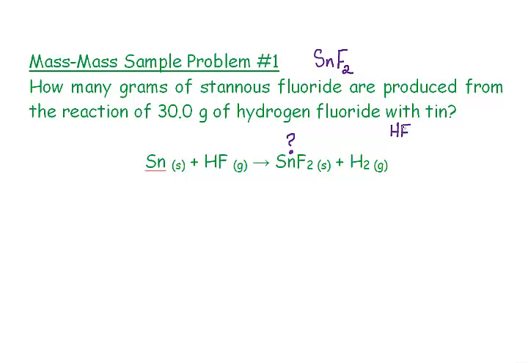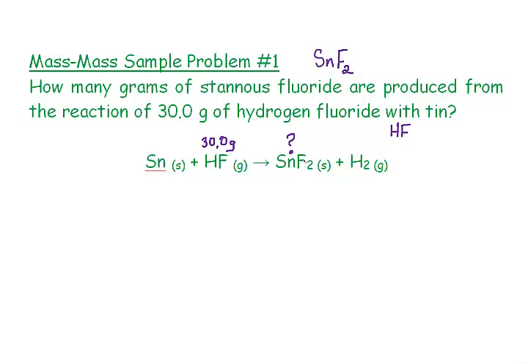So my formula for hydrogen fluoride is HF. Since I know I've got 30.0 grams of it, I'm going to put that right over the formula for hydrogen fluoride. In other words, I'm going to work a problem that begins with 30.0 grams of hydrogen fluoride, and ultimately I'm going to determine how much stannous fluoride that would allow me to produce.